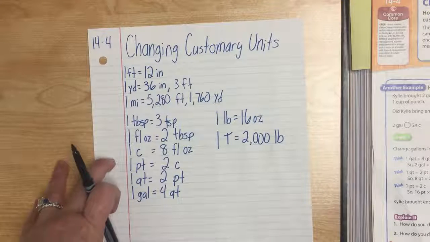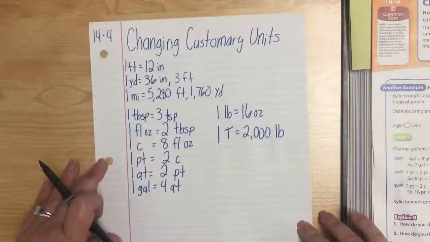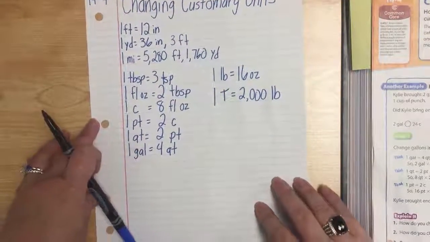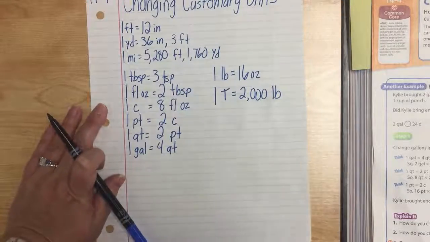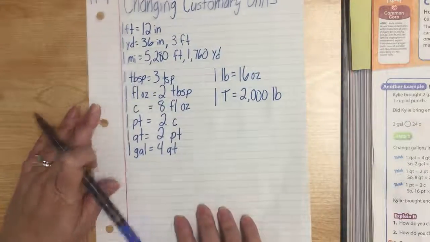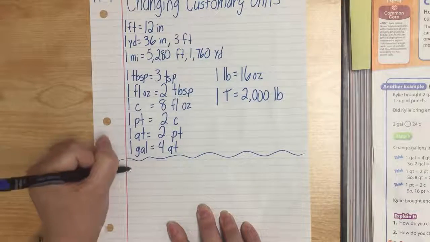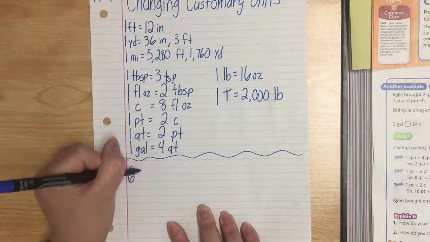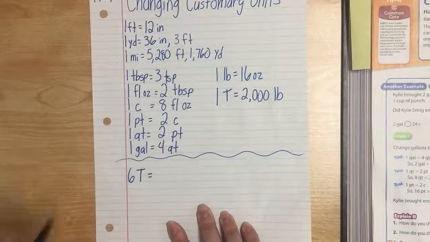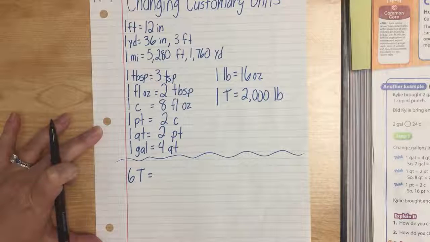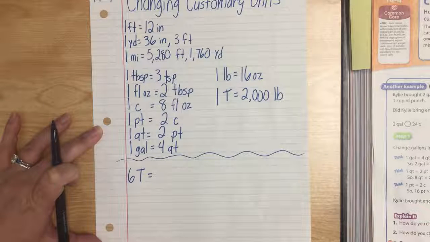Now, with that being said, having this list, we are now ready to start our conversions. So for number 1, it wants you to convert 6 tons into pounds. If I'm going to put 6 tons into pounds, what should I do?